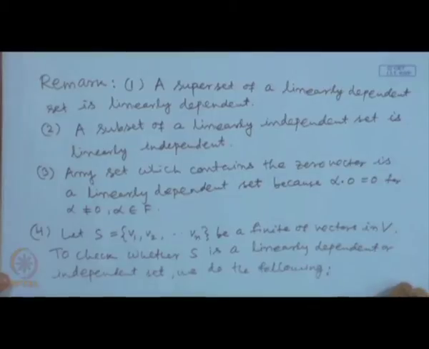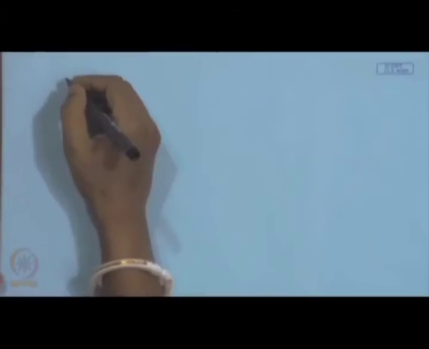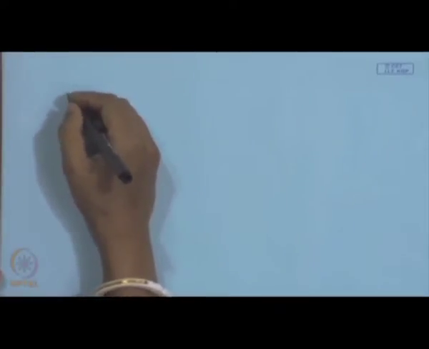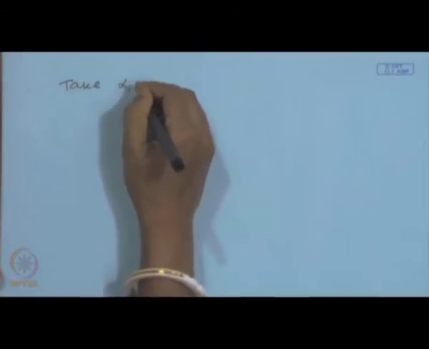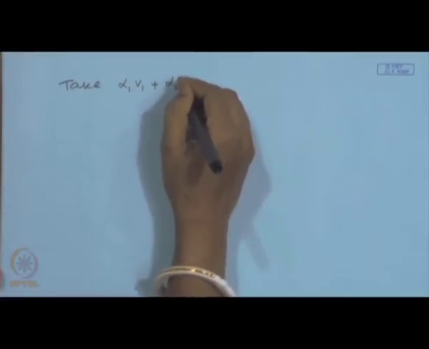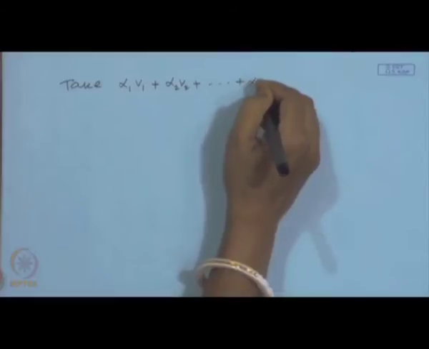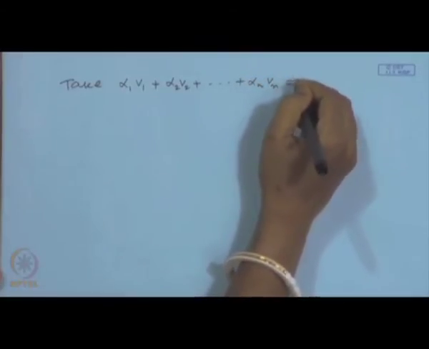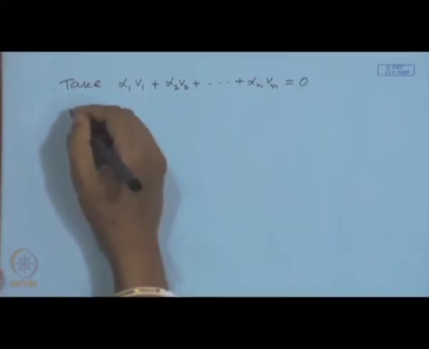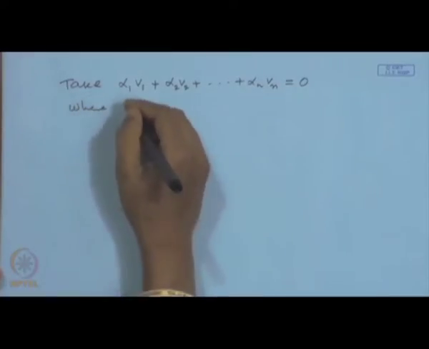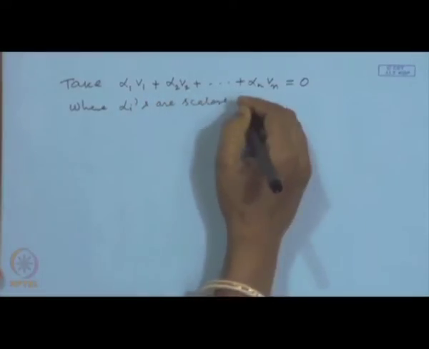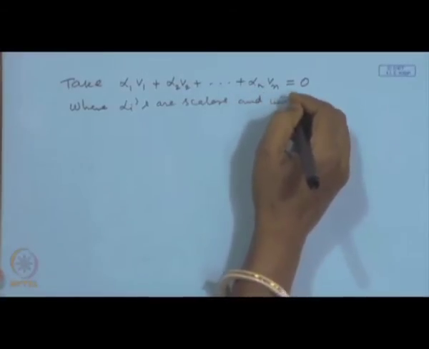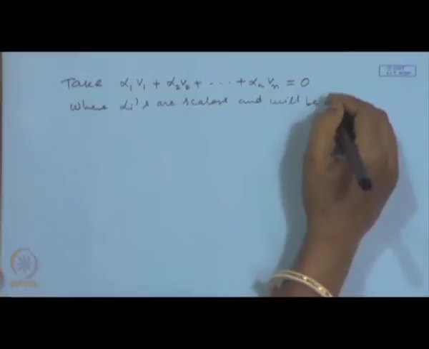We consider a linear combination of vectors in S and equate to 0. Take alpha 1 V1 plus alpha 2 V2 plus alpha n Vn equal to 0, where the alpha i's are scalars and will be determined.